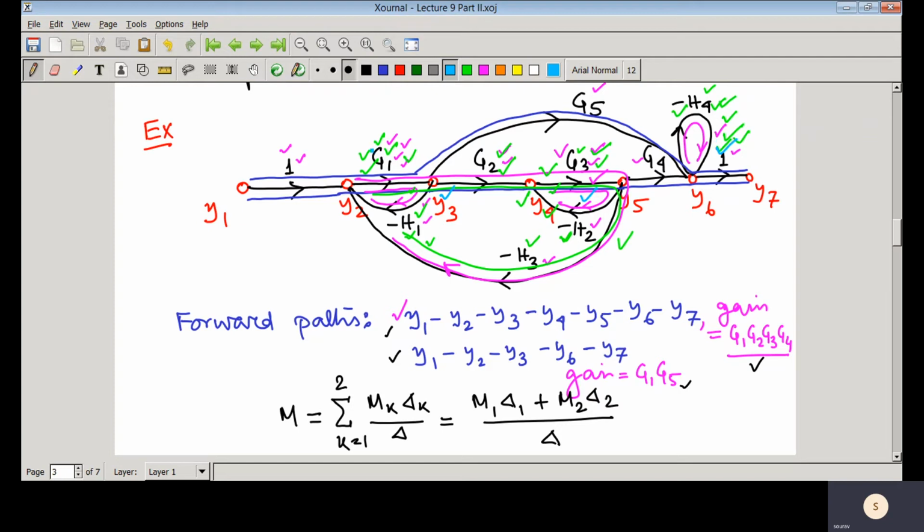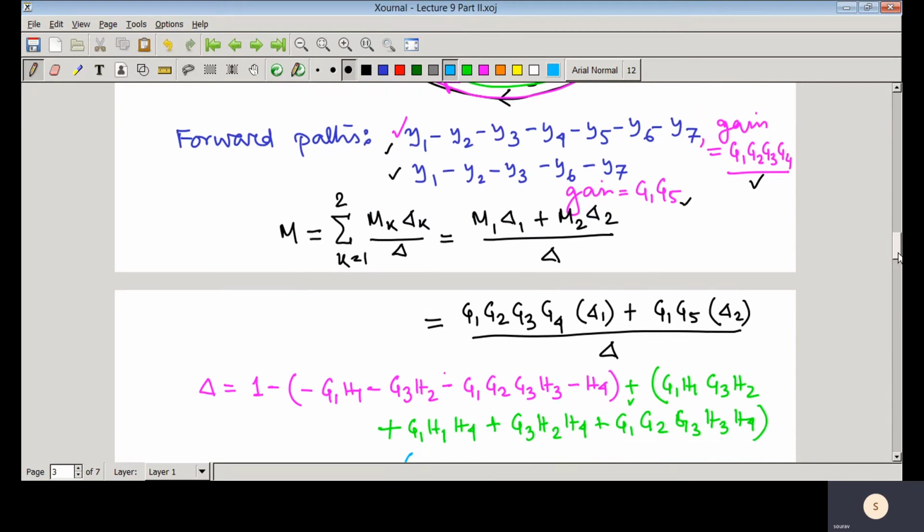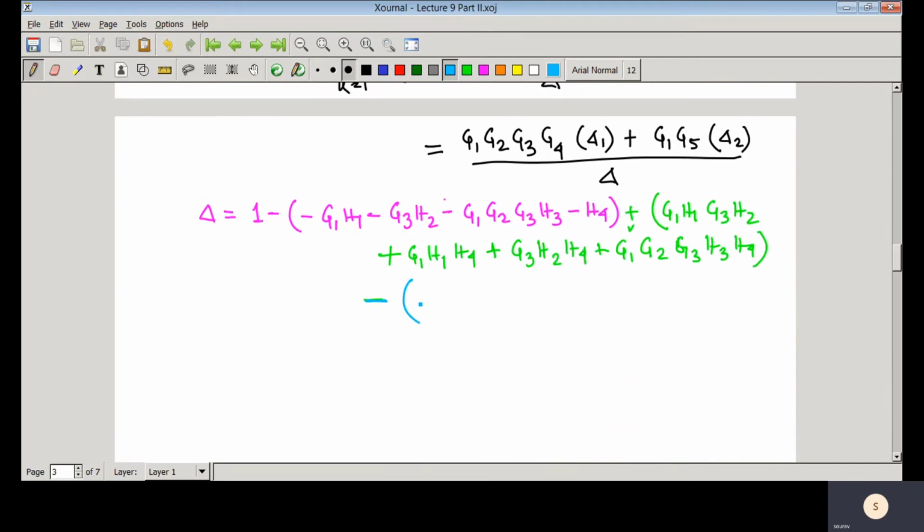What is the product? The product is G1 minus H1, G3 minus H2, minus H4. So only one term is there, which is minus minus plus, then one minus remains. So that means minus G1 H1 G3 H2 H4.